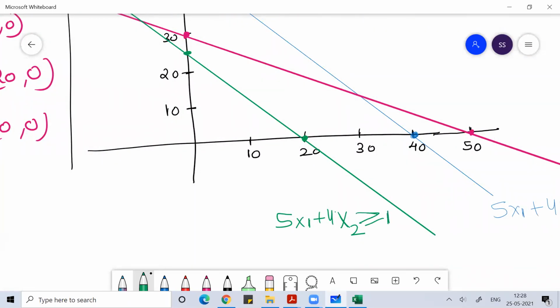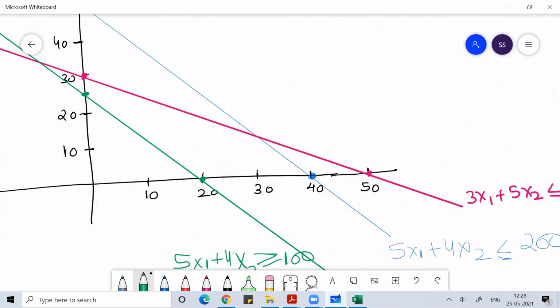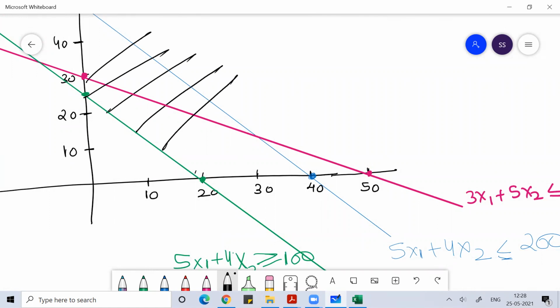If it's greater than or equal to 100, what area am I talking about? I'm talking about this area.